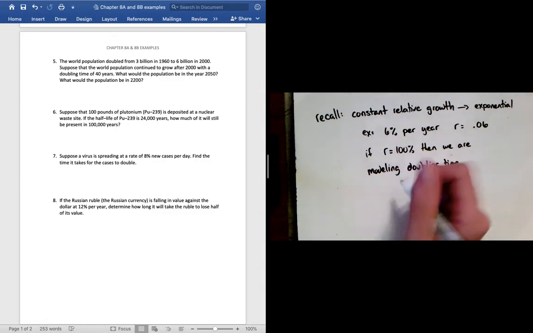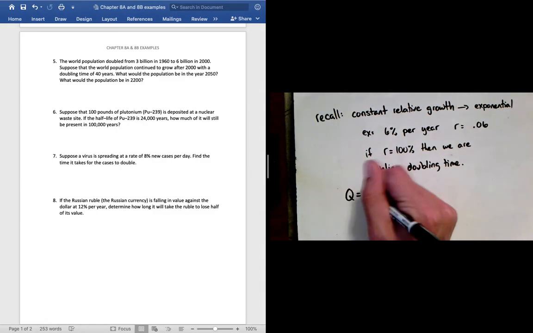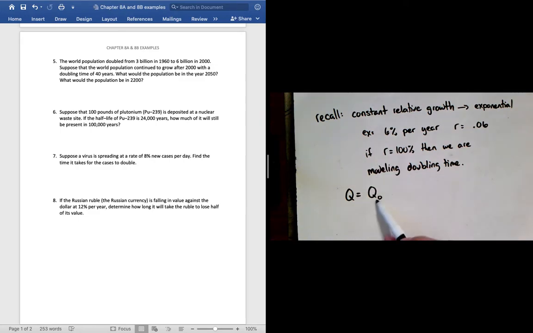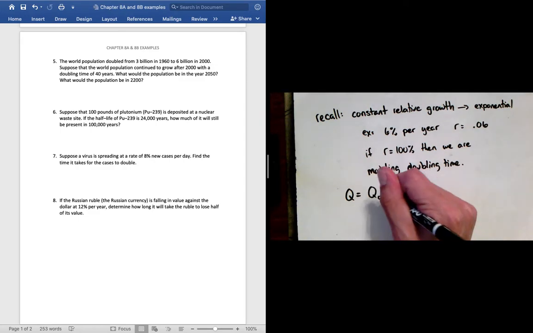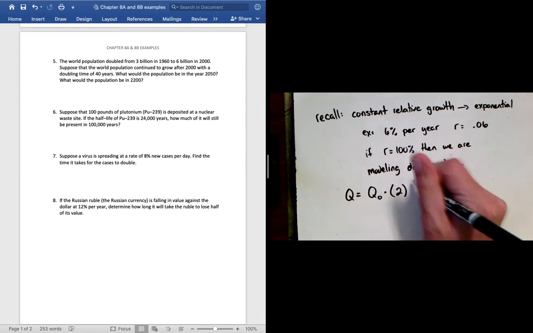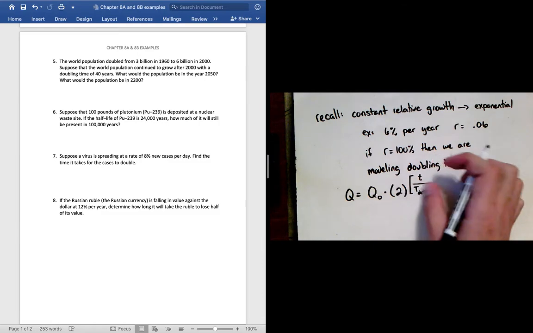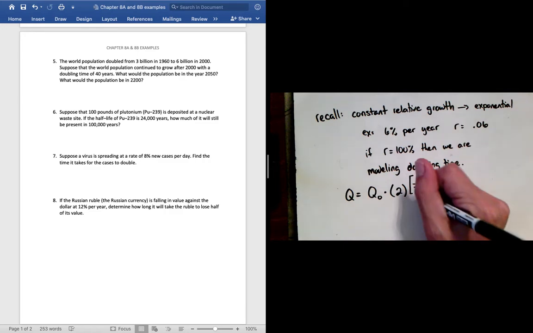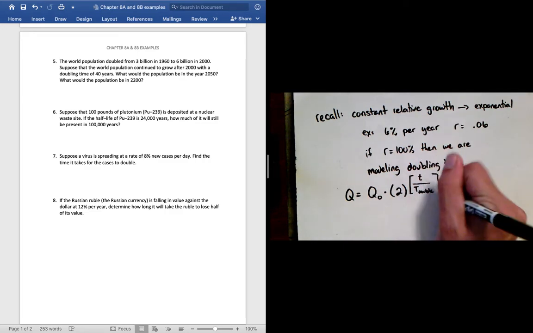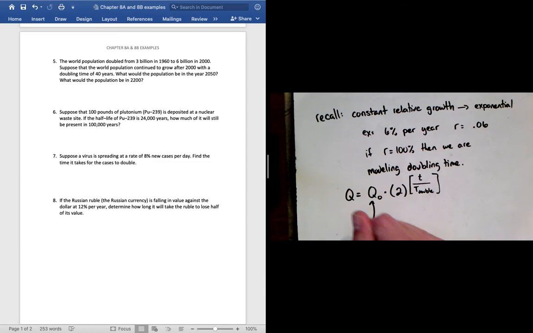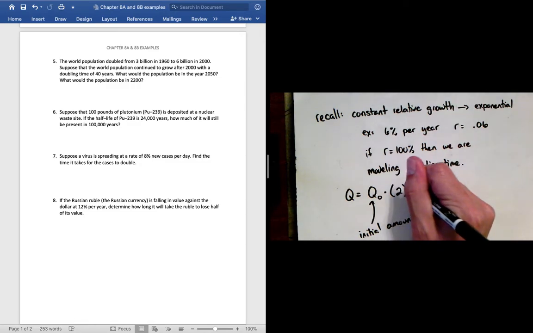The formula that we use for doubling time is Q is equal to Q naught, look familiar, times 2 raised to the little t over big T double. Q naught is our initial amount, and this whole thing is in the exponent.